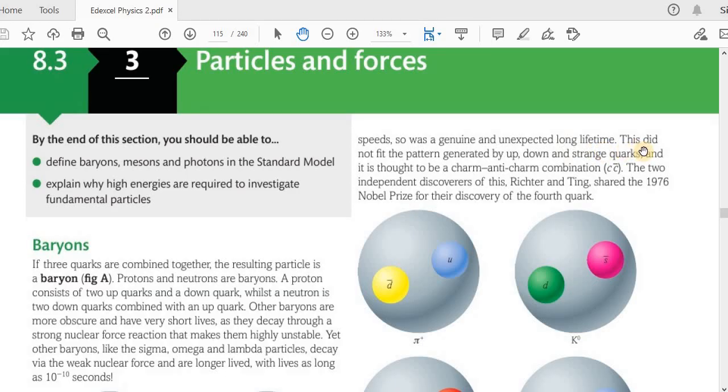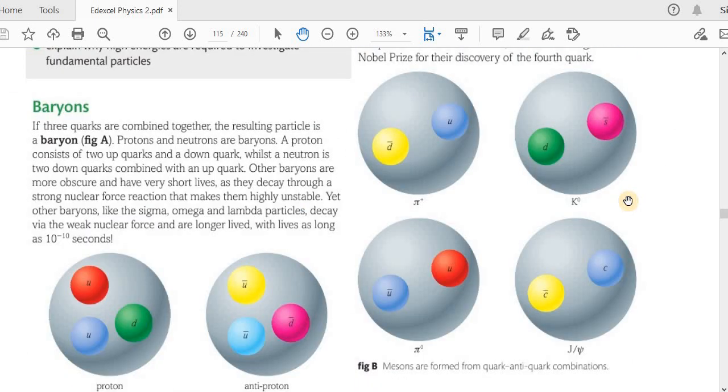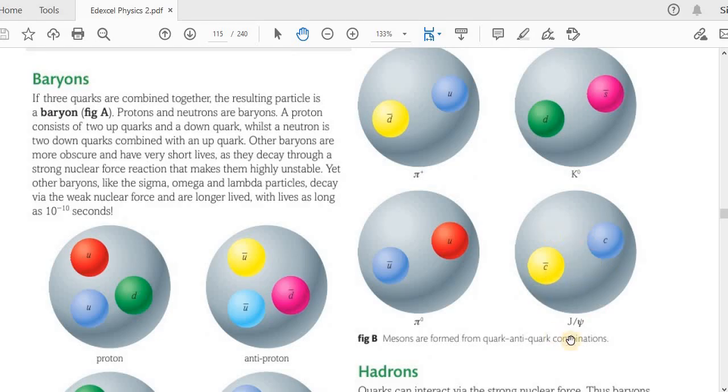This did not fit the pattern generated by up, down and strange quarks, and it is thought to be a charm anti-charm combination, so the total charge of that particle will be 0. The two independent discoverers, Richter and Ting, shared the 1976 Nobel Prize for their discovery of the fourth quark.